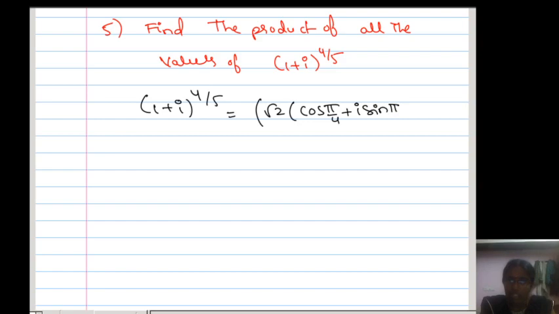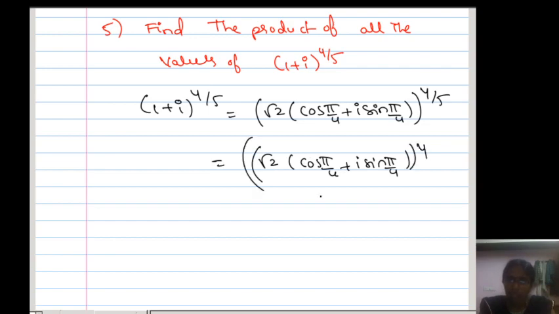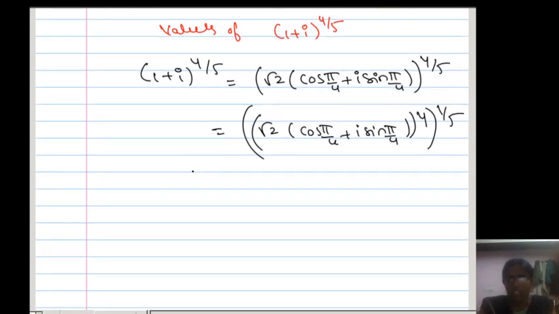This is the polar form of the complex number 1 plus i. So root 2 cos pi by 4 plus i sin pi by 4, power 4, whole power 1 by 5.